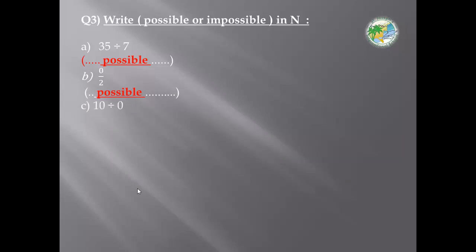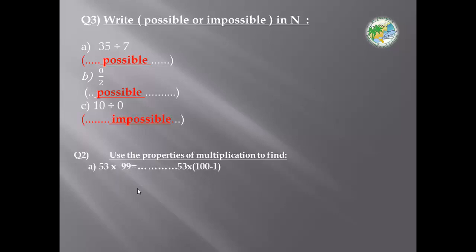C: 10 divided by 0. Can you divide 10 by 0? Possible or not possible? Impossible. Impossible.